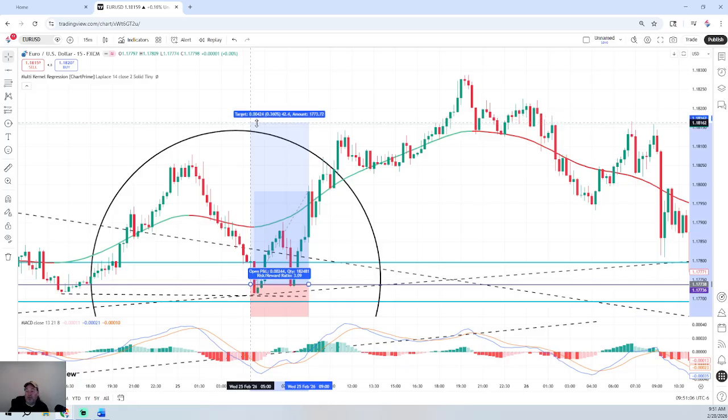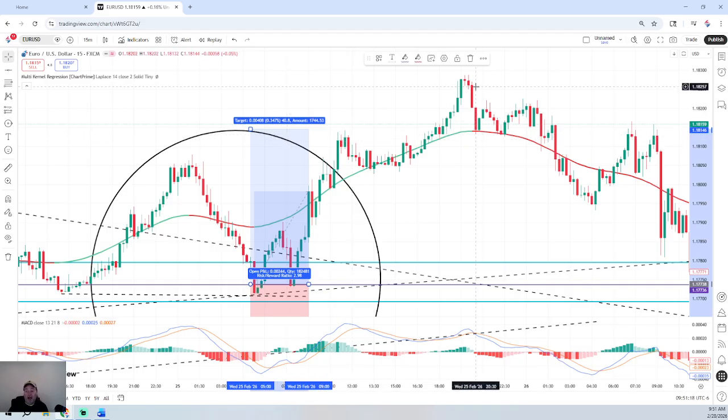That puts you right about there, right before this area here. Now this is a major resistance. Obviously it did go higher and it did hit a 3-to-1, but that's pretty much your extreme.